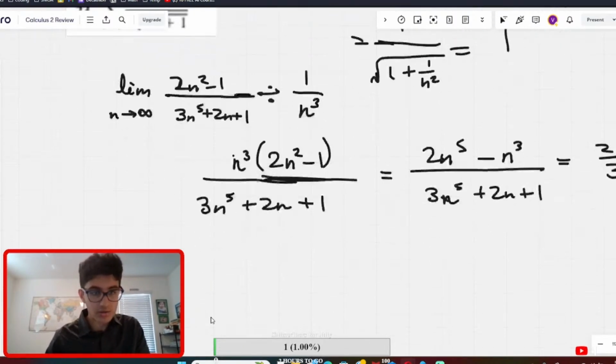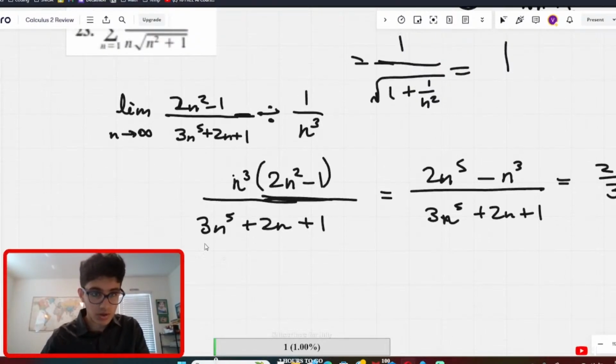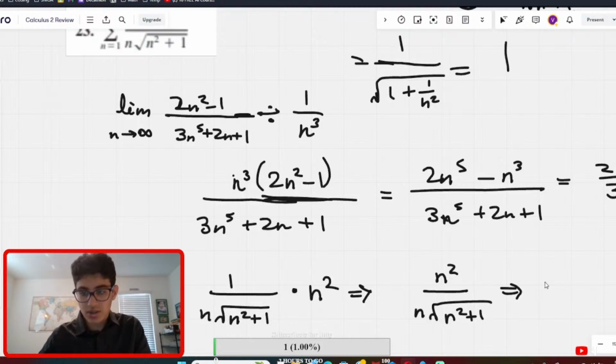We'll compare it to 1 over n squared. 1 over n times the square root of n squared plus 1. We're dividing it by 1 over n squared, meaning multiplying it by n squared, which gives us n squared over n times the square root of n squared plus 1, which means it's just n over the square root of n squared plus 1.